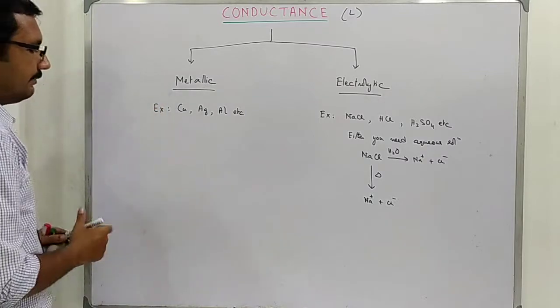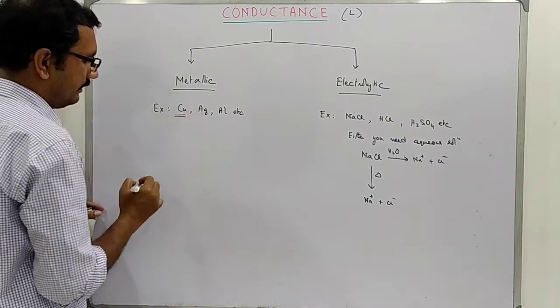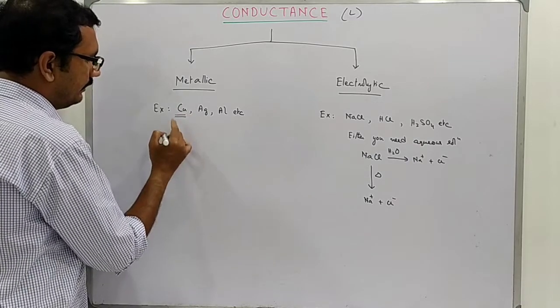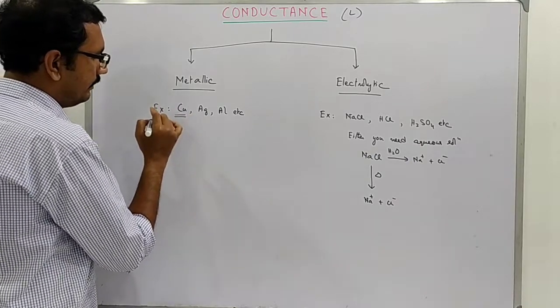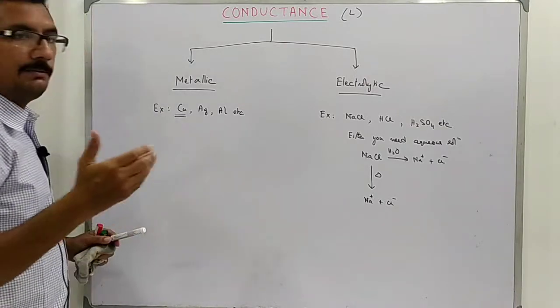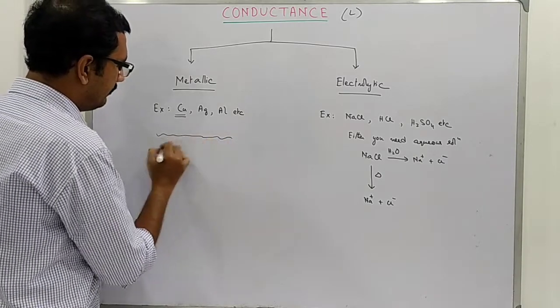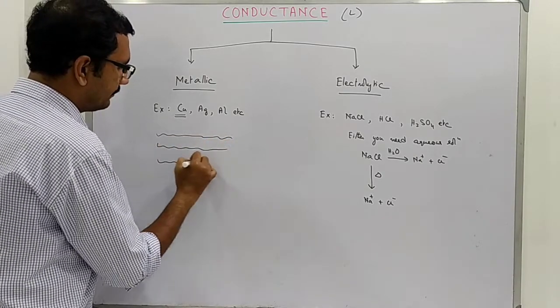But here, what will happen? Here they develop a metallic bond, and a large number of copper atoms release their loosely bound valence electrons to generate a sea of electrons.